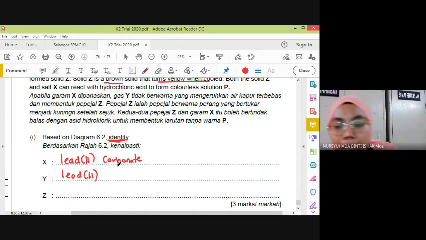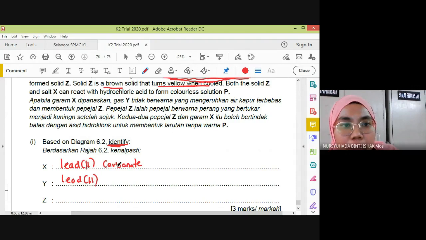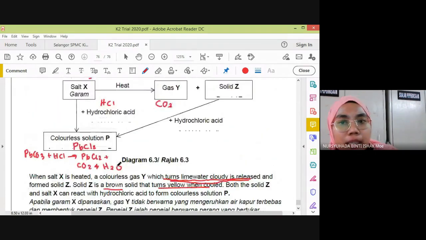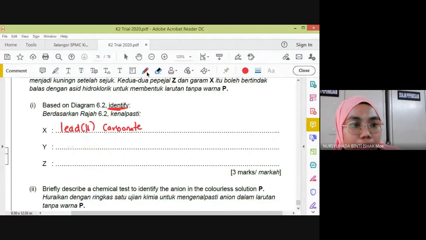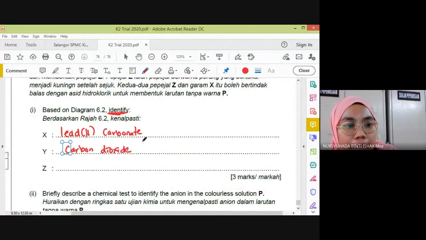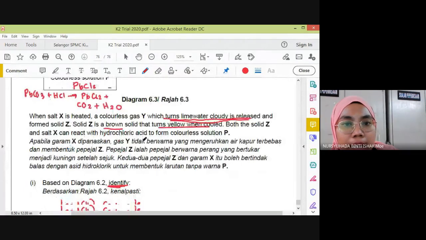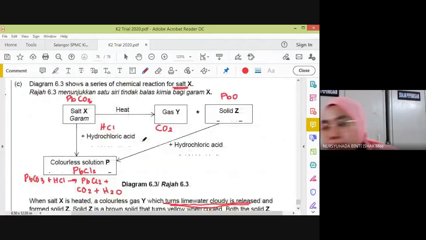So Y adalah carbon dioxide. While Z, last sekali, Z adalah lead(II) oxide.